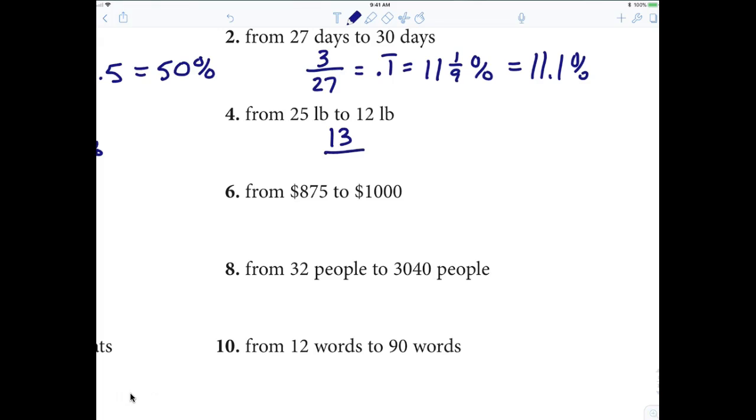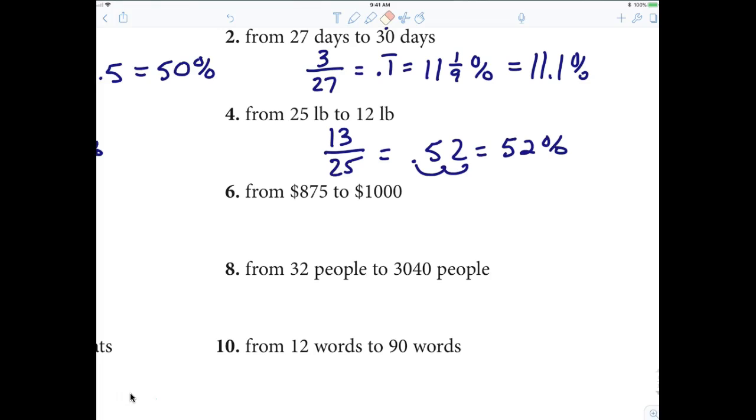So what's 13 divided by 25? 0.52. So what percent? So that would be 52%.